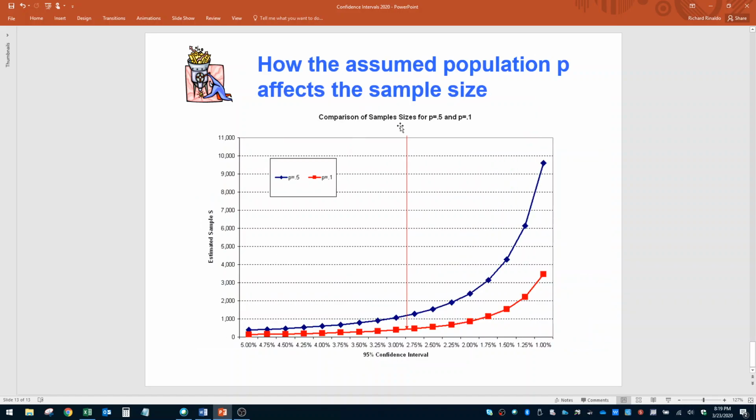Now, a comparison of sample sizes, assuming the base proportion is 0.5 versus the base proportion is 0.1. When I use 0.5, the confidence interval for a given sample size is widest. So here's 0.5. To get to plus or minus 3.25% was 909 here.